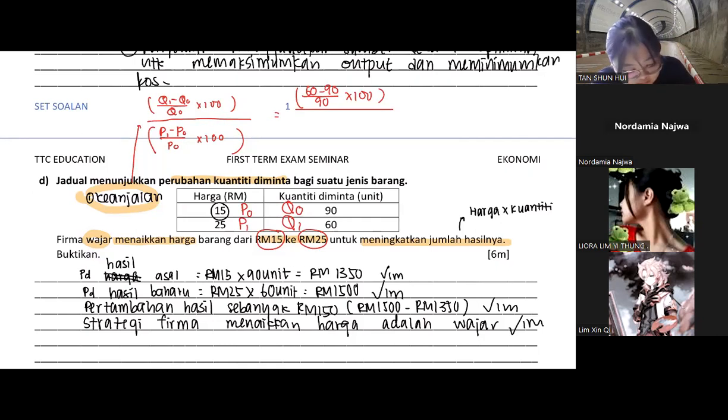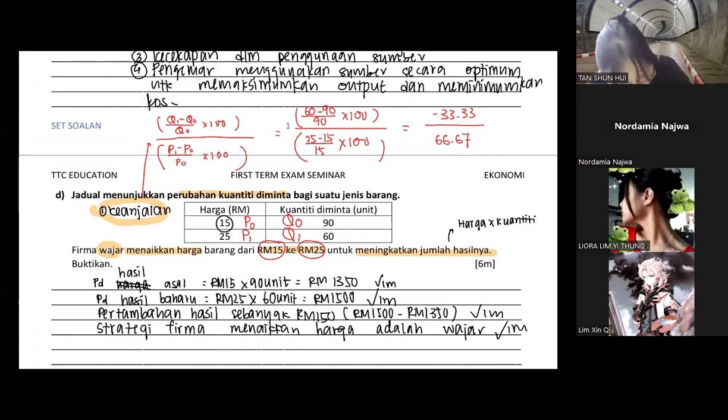Now price: 25 is the new price minus the old price, divided by the old price, times 100. On top you will get 33.33, at the bottom you will get 66.67, and if you press your calculator you will get negative 0.5.